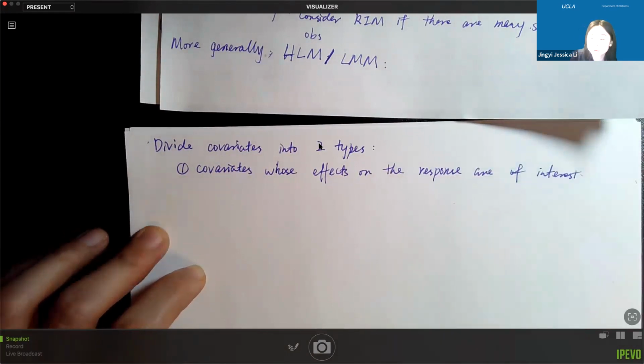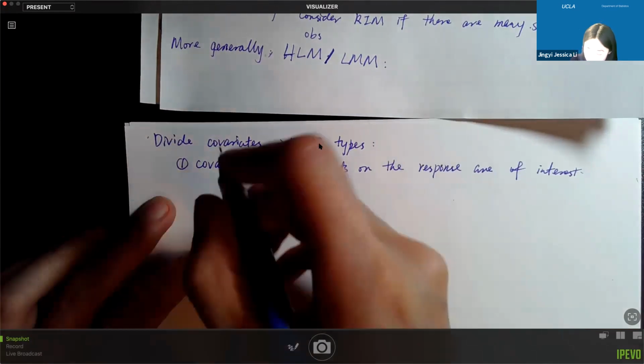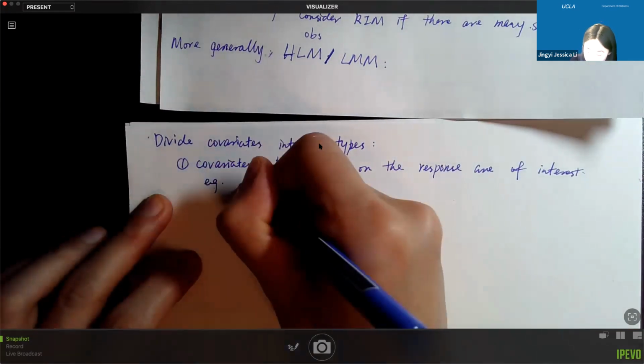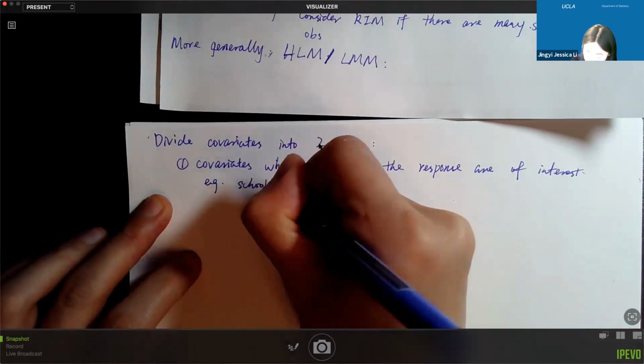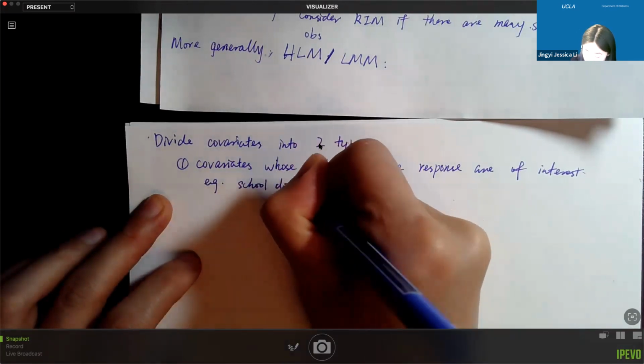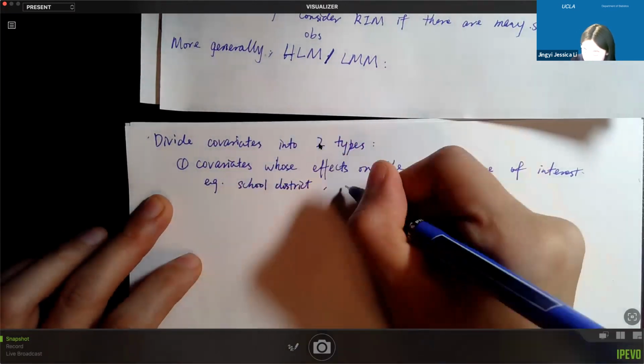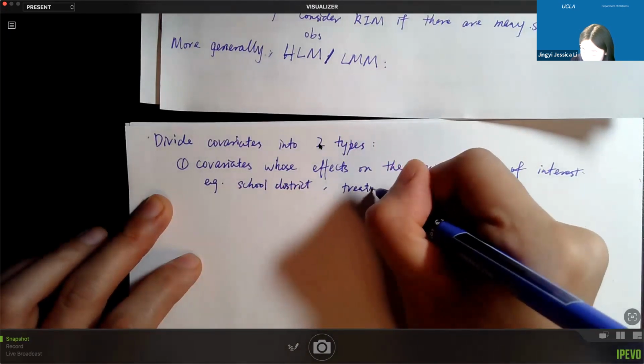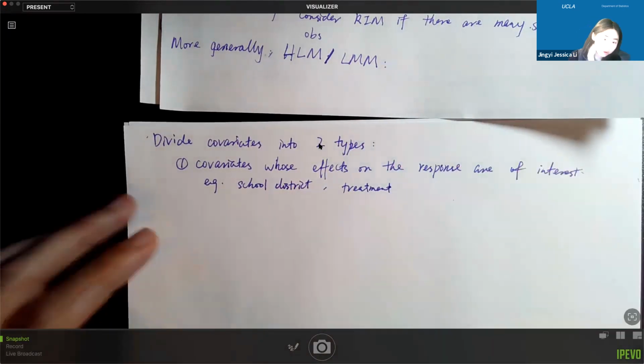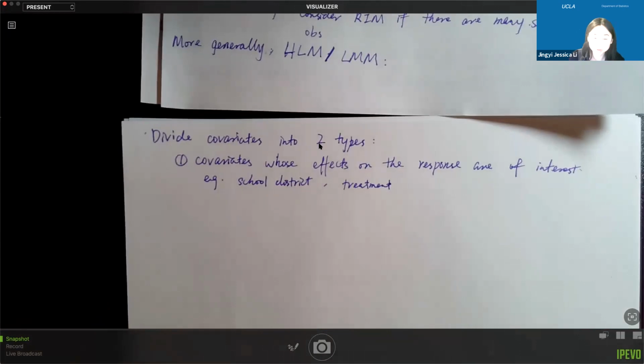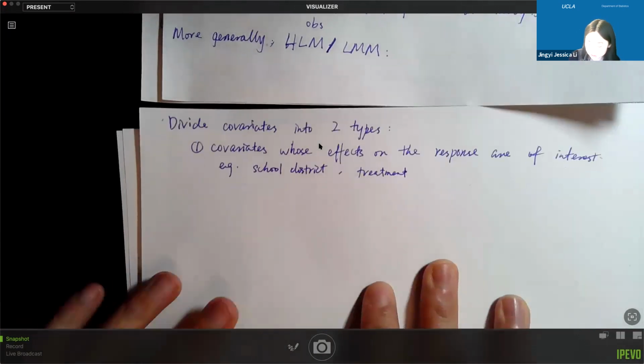So using our previous examples, for example, the school district, the treatment, these two are covariates of this type. We really want to investigate their effects.